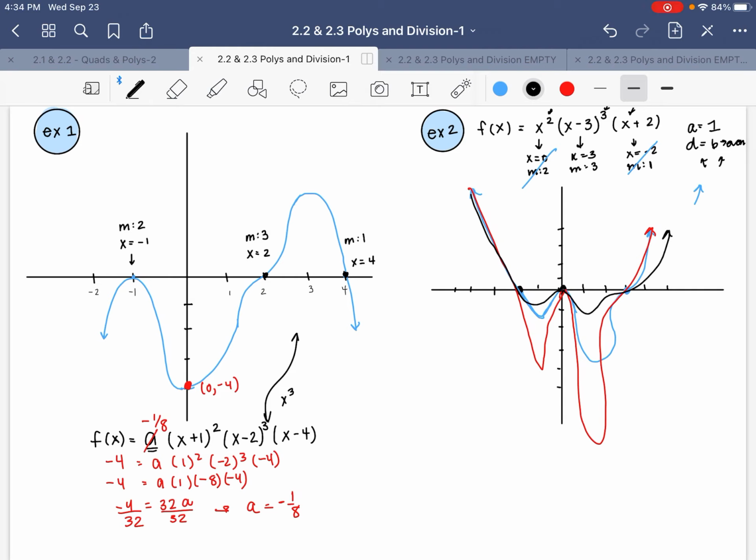Any of those, as long as I've got that straight line straight through this multiplicity 1, I've got a bounce at this multiplicity of 2, and I've got some sort of cubic looking thing at this multiplicity 3. All right, good luck on your quiz.